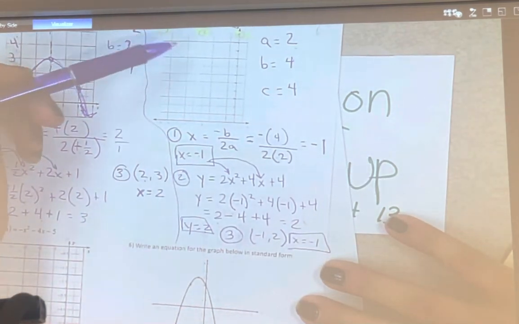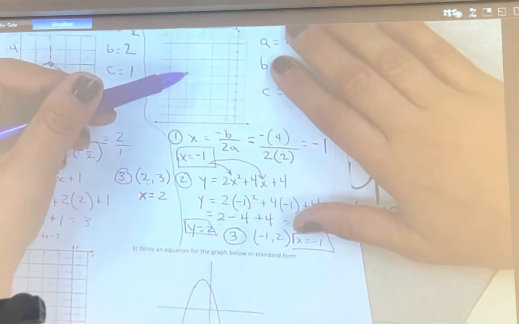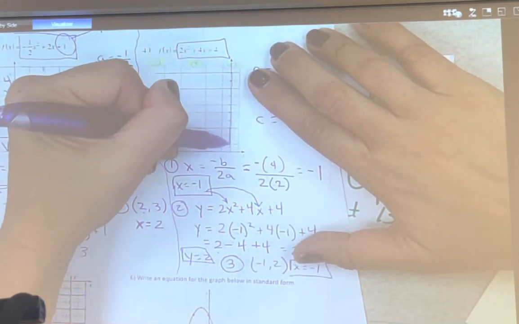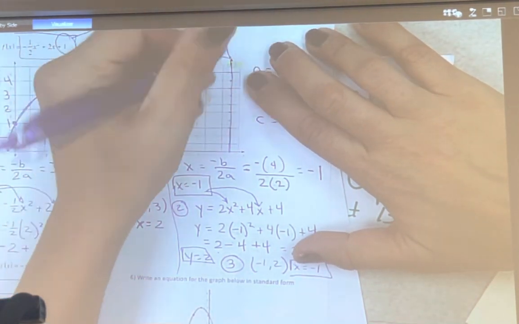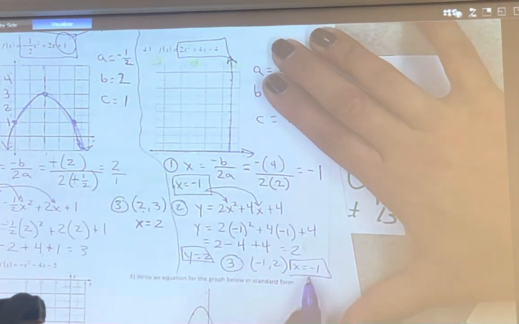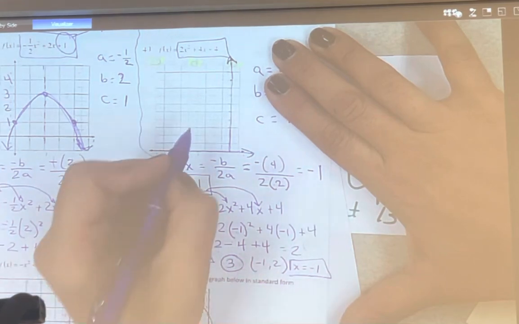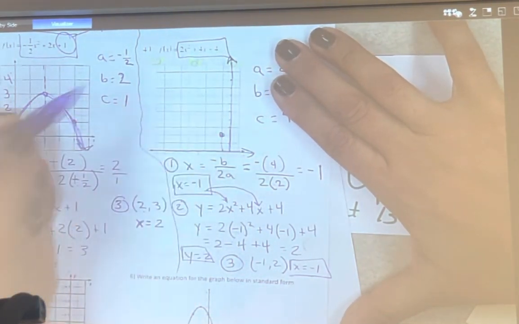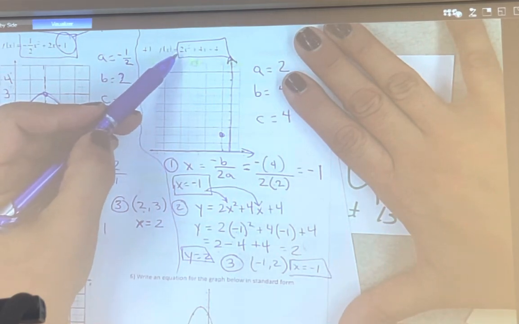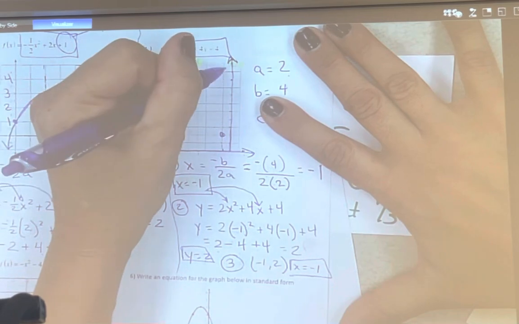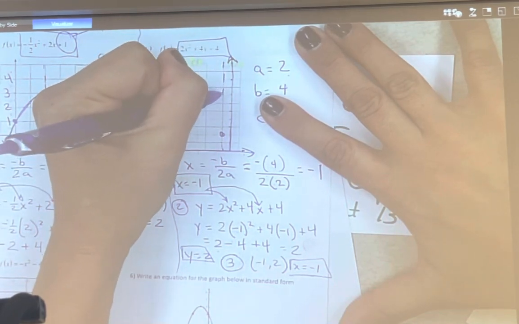So we go here, and it's not the best copy, sorry about that, but this is your y, and this is your x. So if we've got negative 1, and then up 2. And is this smiling? Yes, it's smiling, it's positive. And I can also plot my axis of symmetry.